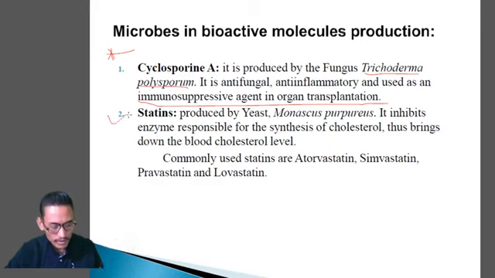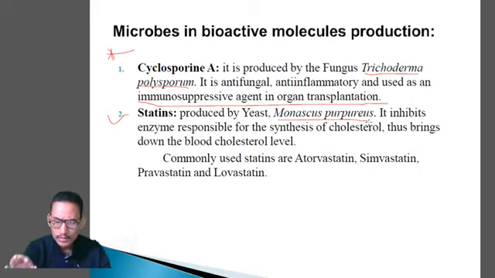The next bioactive molecule is statins, which are produced from the yeast Monascus purpureus. Remember, statins are obtained from Monascus purpureus, the name of the yeast. Now what is the role? It inhibits the enzyme responsible for the synthesis of cholesterol.